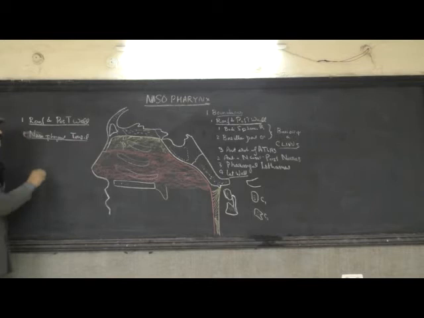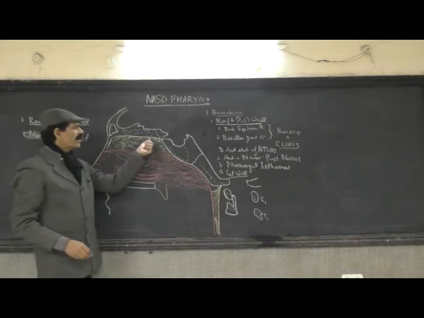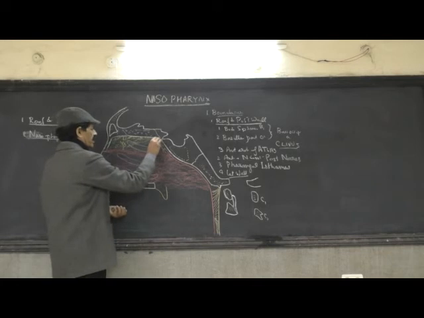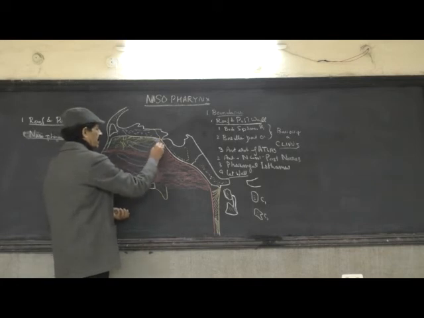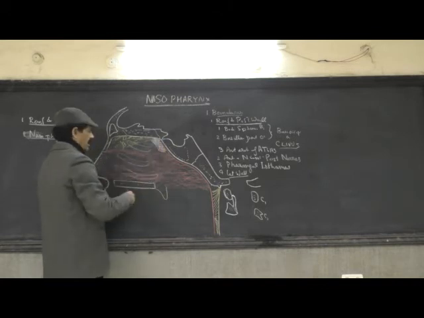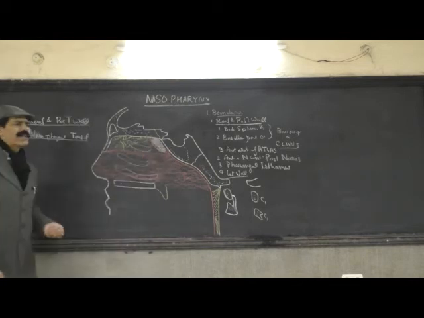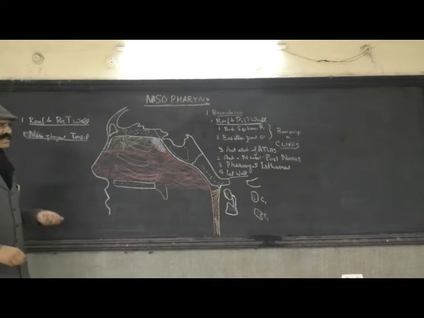The nasopharyngeal tonsil is one of the constituents of Waldeyer's ring which we have done. In the retropharyngeal space in the nasopharynx, between the roof and the posterior wall, there is a lymphoid collection under the mucosa, in the roof and posterior wall, covered by the mucosa. This is called the nasopharyngeal tonsil.